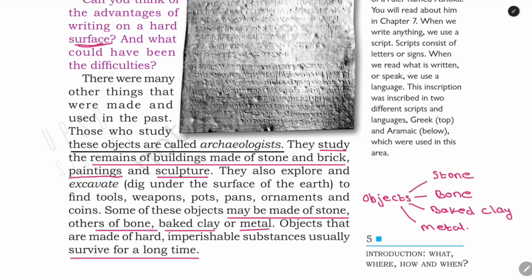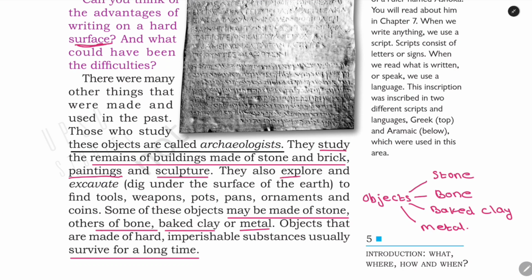Now let's find out what archaeology is, or who archaeologists are and what they do. We may have heard the name archaeologist. They study the remains of buildings made of stone and brick, paintings and sculptures.